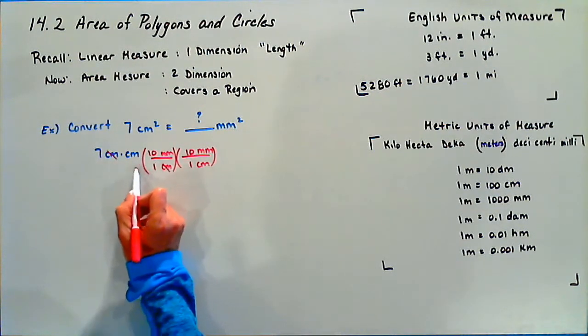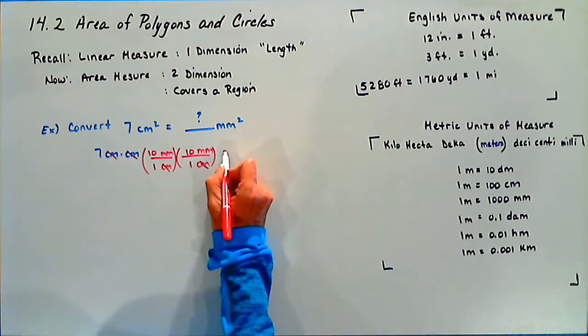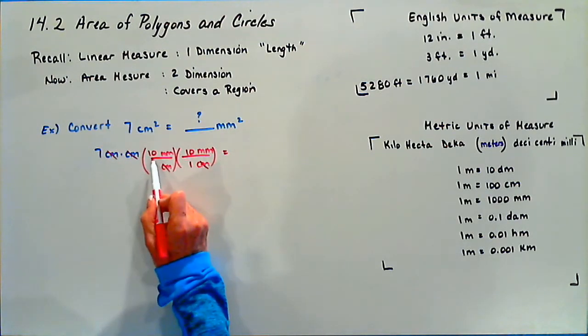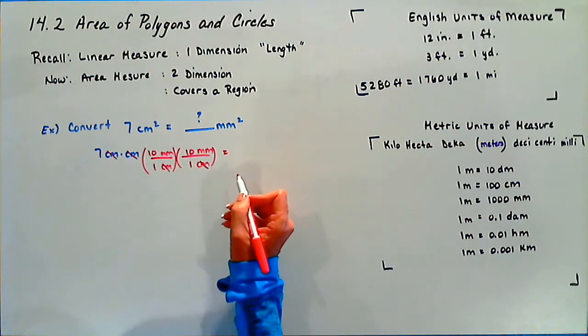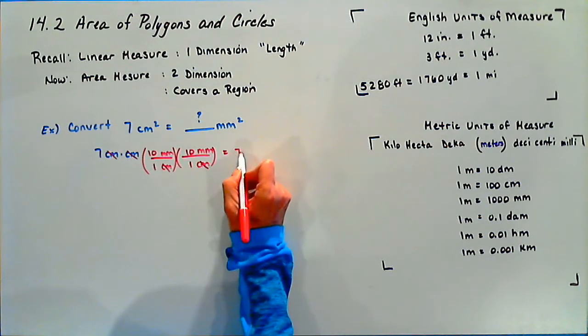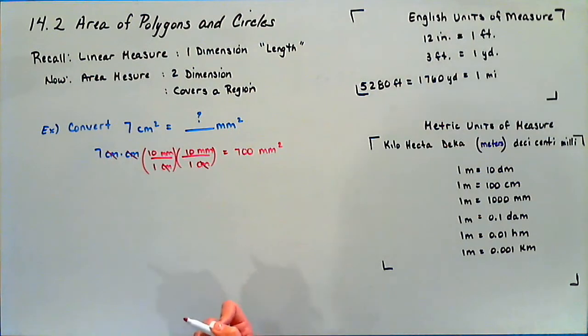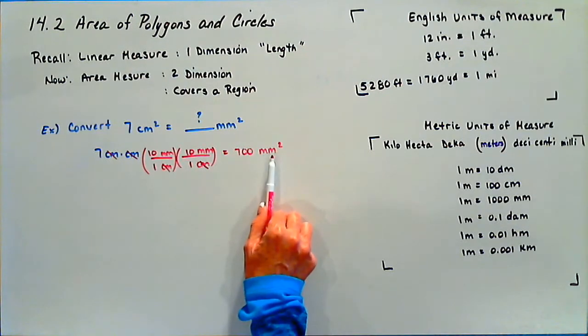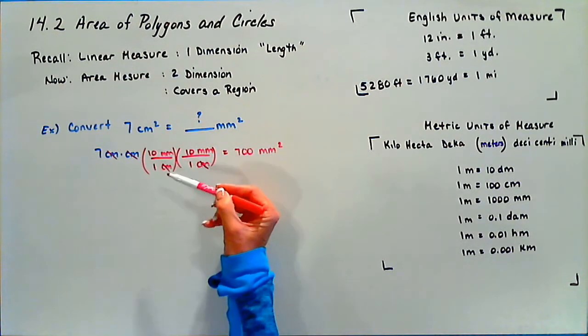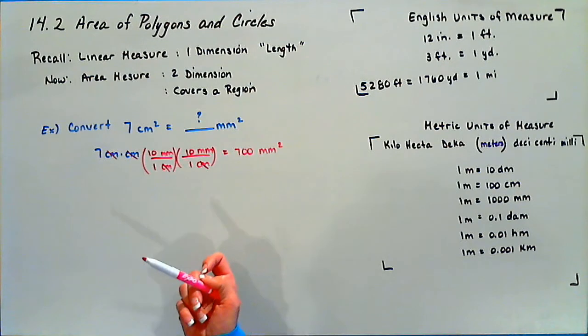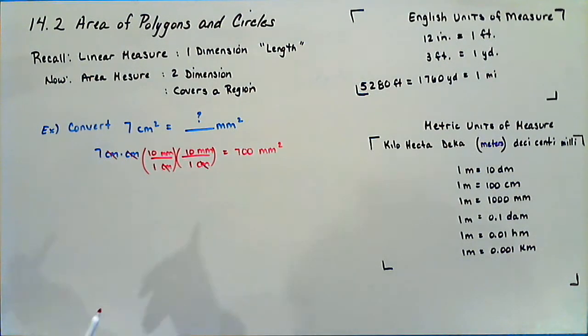Now by reducing, I end up with 7 times 100, or 700 millimeters squared. I like to do it this way, then the millimeters are in the numerator already. If we had done the conversion fact the other way, well, let's see what happens.